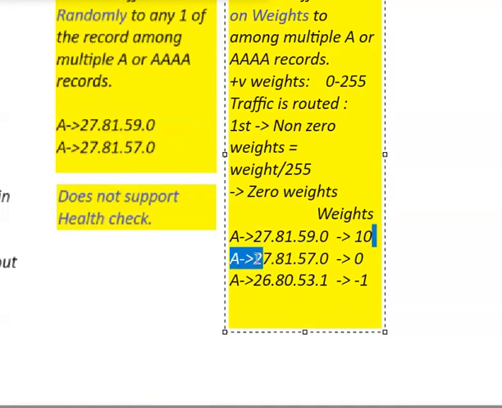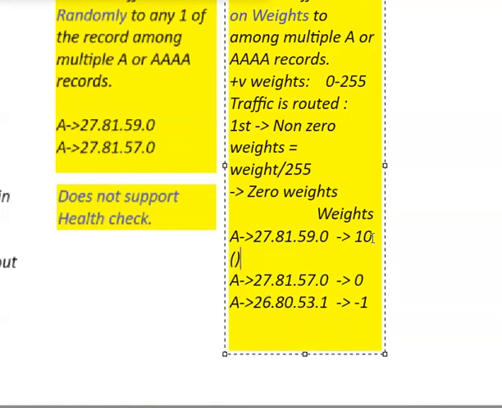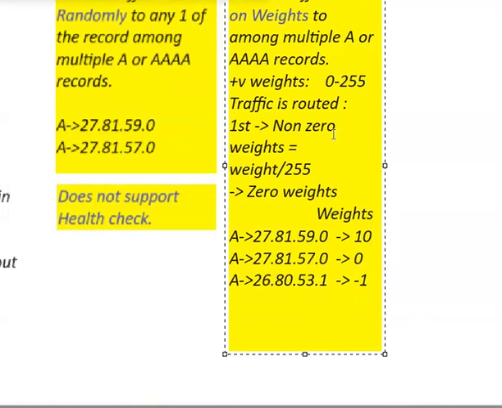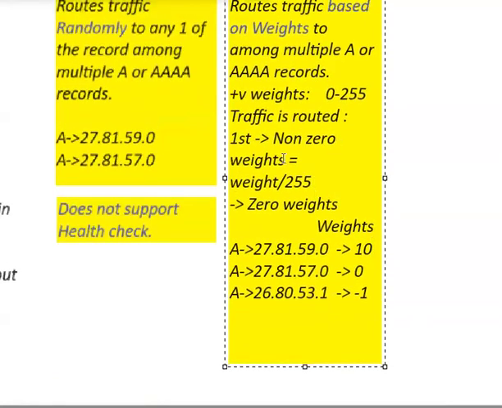So first these two will be considered, the non-zero records. After that, only then will zero records be considered. So if all records with weight greater than 0 are unhealthy, let's say this becomes unhealthy and this also becomes unhealthy, so let us write that point here.